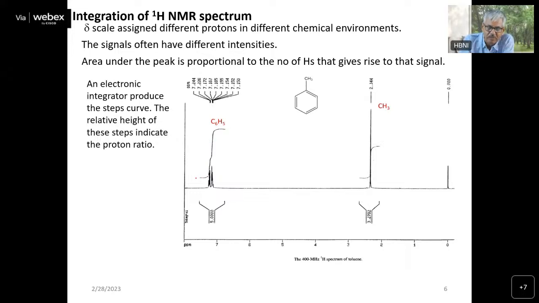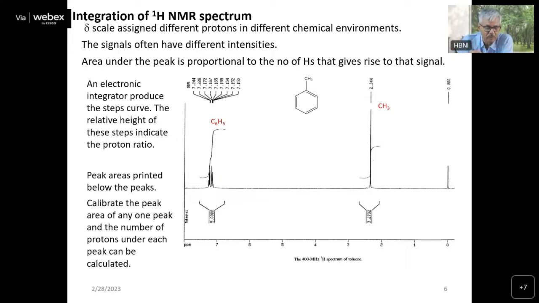The height of these steps is directly related to the area under these peaks. This is the step due to the aromatic protons, and this is the step due to the methyl protons, and you will see that the ratio will be 3:5.